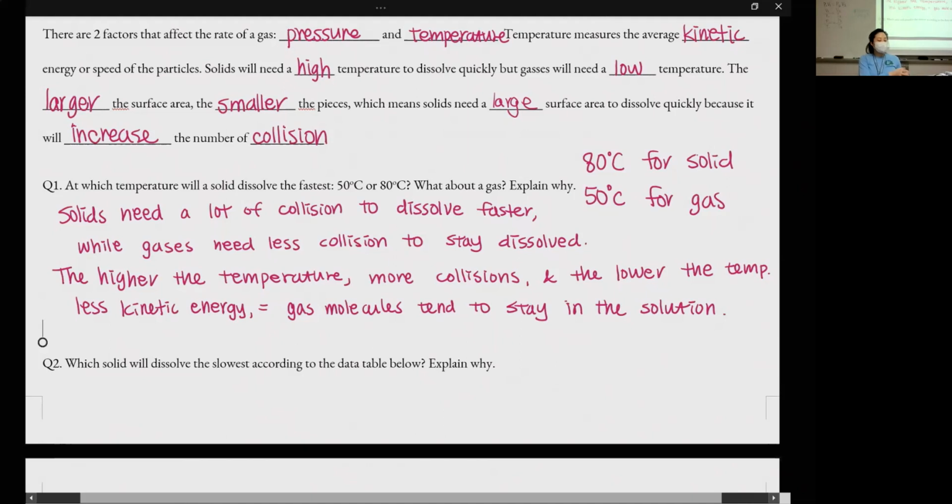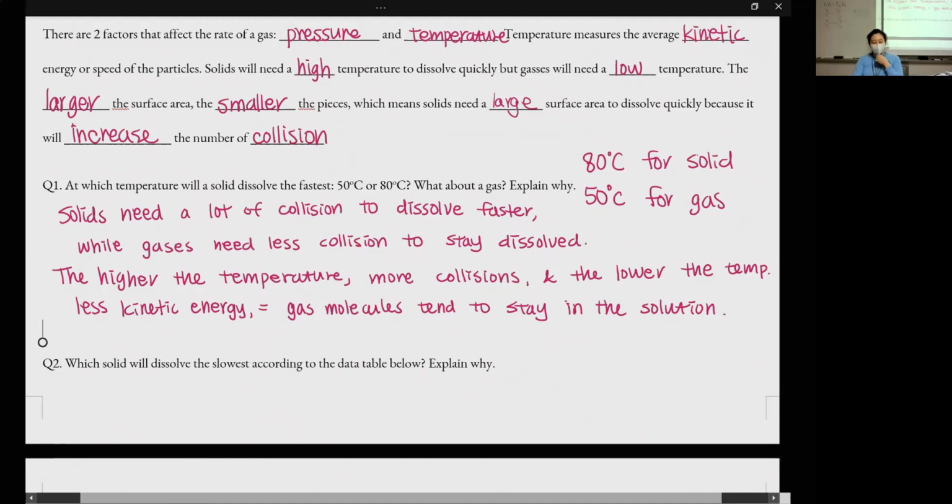So it's preventing the gas particles from escaping the solution, versus if you're trying to dissolve hot chocolate powder, which is a solid, you increase the temperature of the water by boiling it, and then you dissolve it into the hot water instead of cold water. So that's the difference between a solid being a solute and a gas being a solute, and that's the different way you dissolve those two faster.